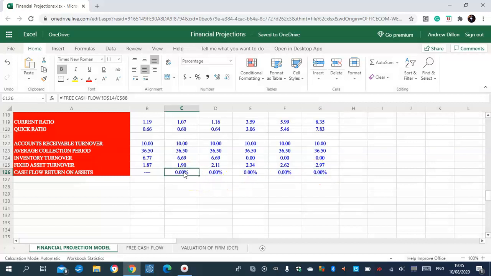Right, now we can see why there are no answers here, because there is nothing input in the free cash flow in any of the answers yet. So we'll do that now.